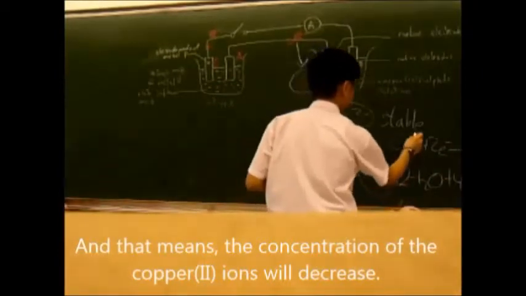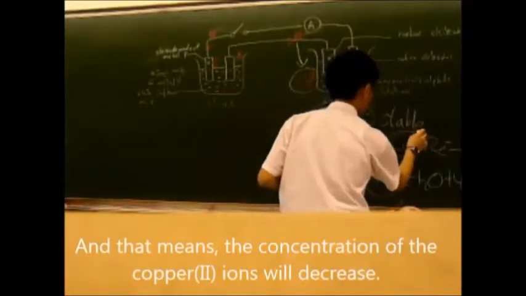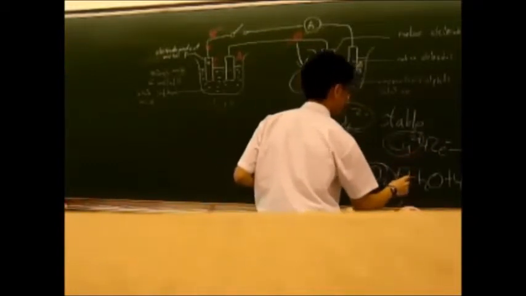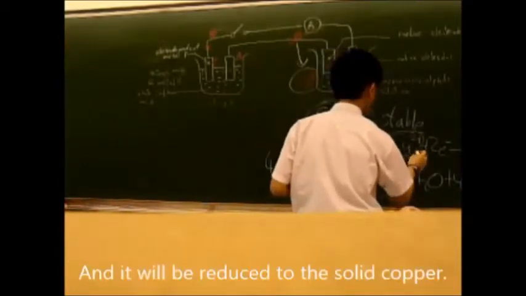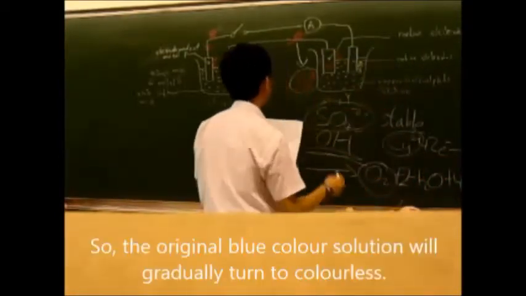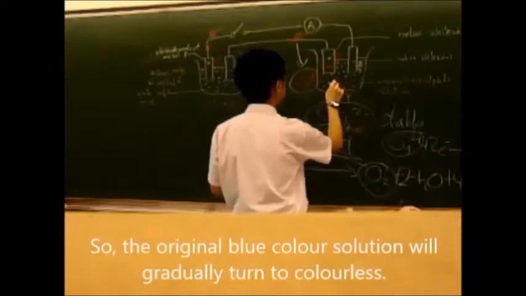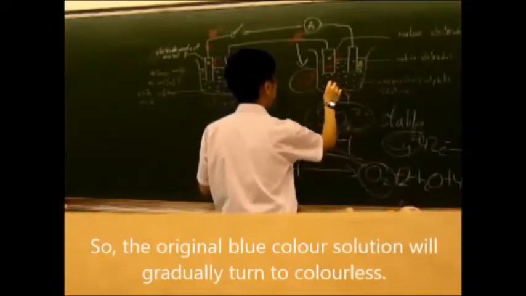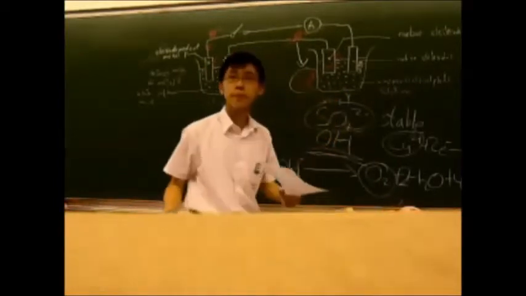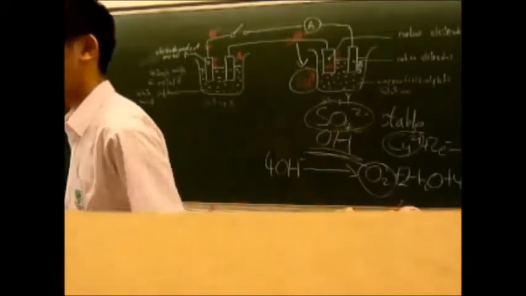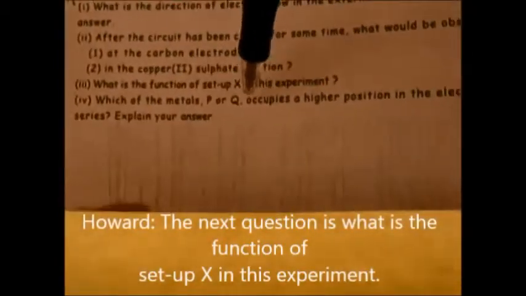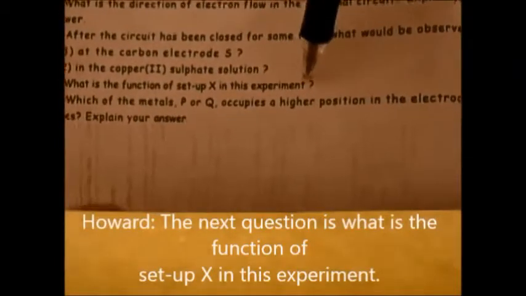And that means that the concentration of the copper 2 ion will decrease, as it will be reduced to solid copper. So the original blue color solution will gradually turn to colorless.